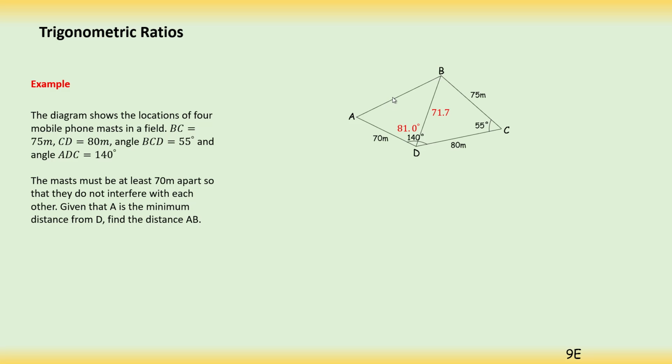Now I'm going to use the cosine rule: a squared equals b squared plus c squared minus 2bc cos A. So again, let's highlight this triangle and relabel it.